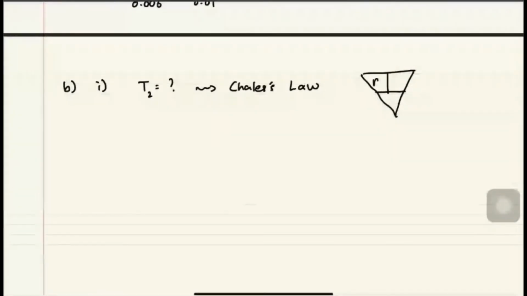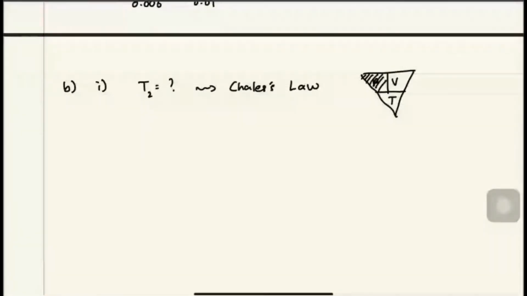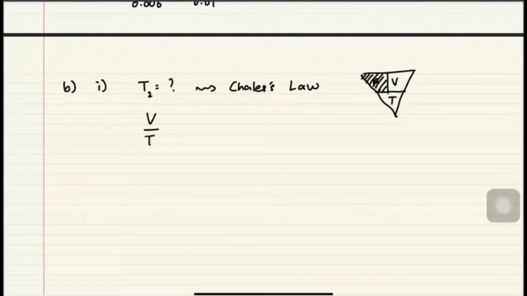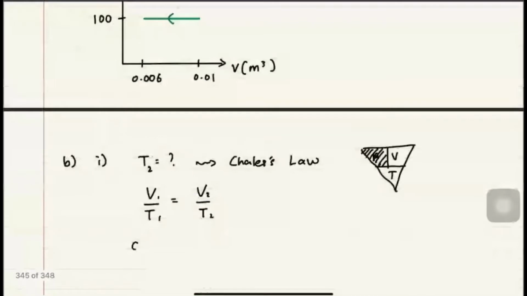So it will be P, V, T. What is constant? Pressure is constant, so you cover this one, and you are left with V over T equals V over T, that is V1 over T1 equals V2 over T2. So initially it is 0.01. Look back at your graph, 0.01, and then it compresses to 0.006.